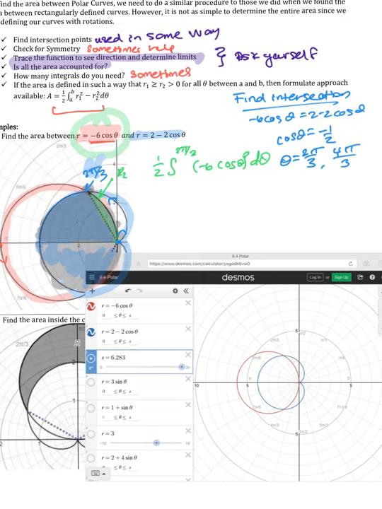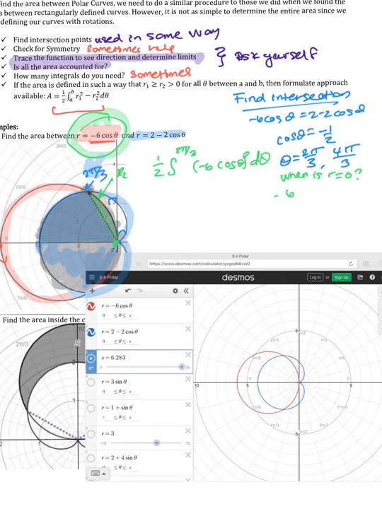We need to figure out where that little green piece starts, or where our theta value starts forming. What is our theta value right here? And that is happening in this function. Well, what is the value of r right there? The value of r is 0. So I'm going to ask myself, when is r equal to 0 in the first equation?